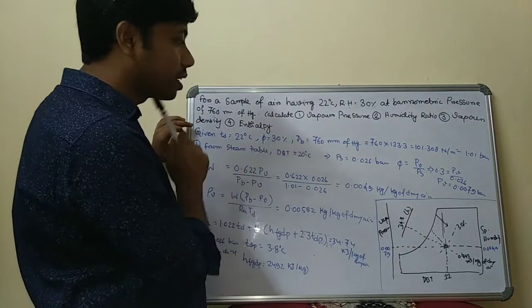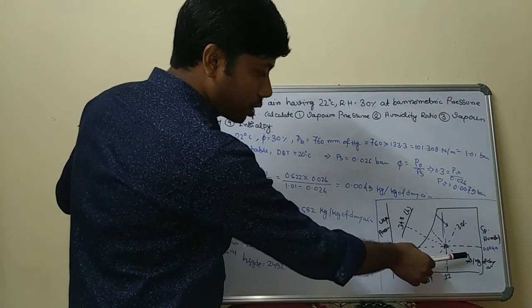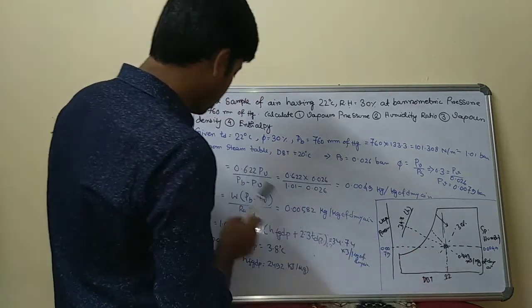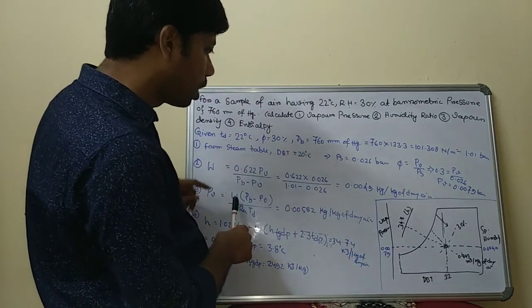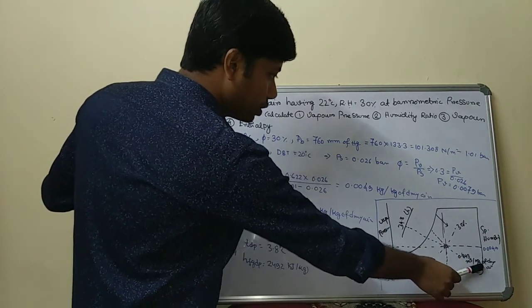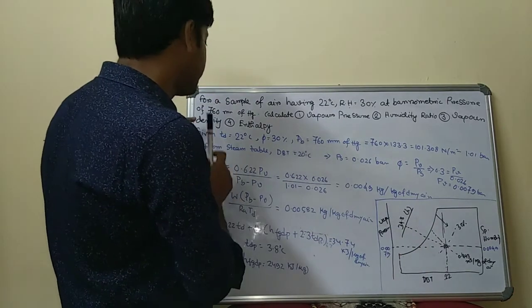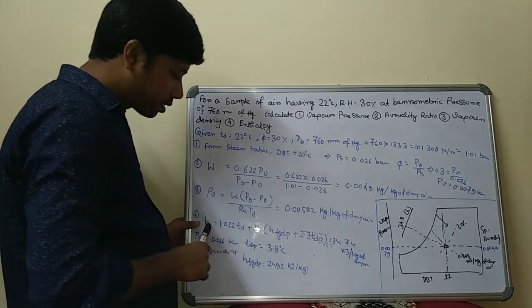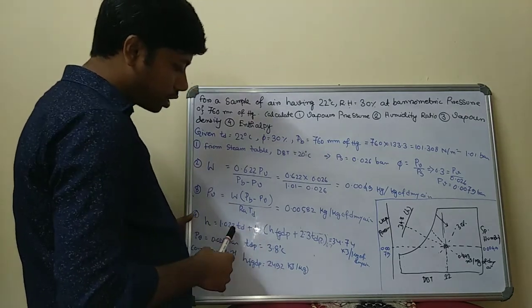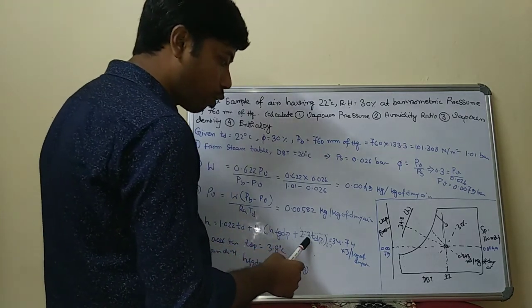Now the last one is vapor density. Suppose it's 0.084 meter cube per kg. As you know, this is your formula, and this is 0.084 meter cube per kg of dry air. So you can calculate the vapor density and enthalpy. Enthalpy has a long formula, that is H is equal to 1.022 TD plus W into HFGDP plus 2.3 TDP.